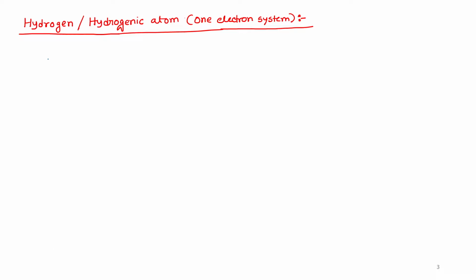So if we have to start with the Schrodinger equation, then we must have some idea about the Hamiltonian, the total energy operator. If you think of a hydrogen atom, this atom actually consists of a nucleus and an electron, right?